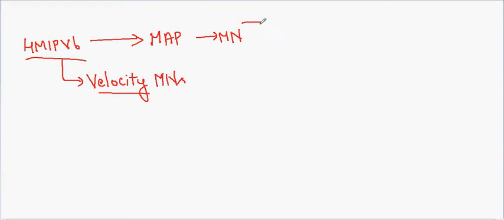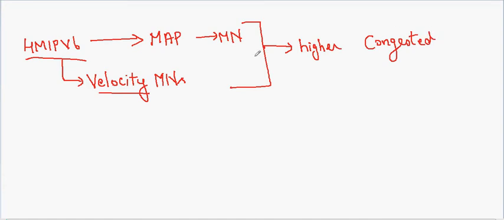The problem was that the higher level MAPs were congested because they were assigned first in hierarchical mobile IPv6, and in the velocity based scheme, if all mobile nodes have the same velocity, then they are assigned to the same mobility anchor point.